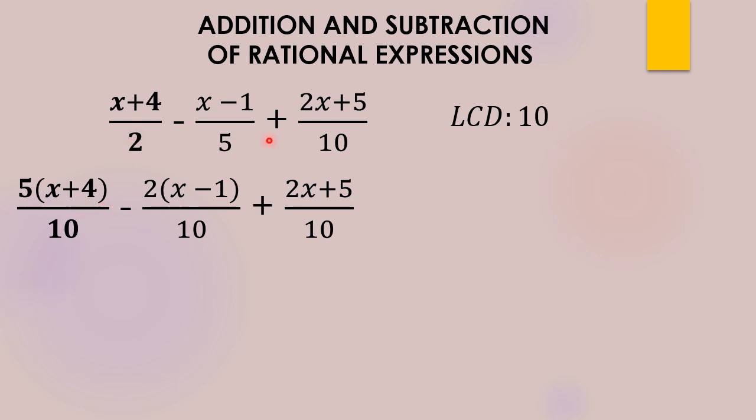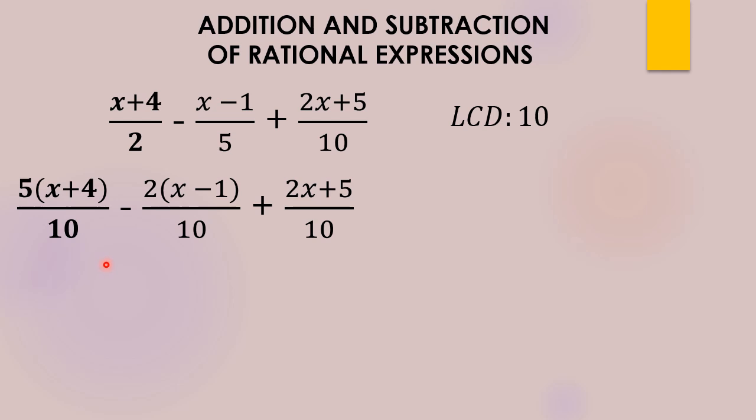And then next, 10 divided by 5 is 2 times quantity x minus 1. And then 10 divided by 10 is 1. So we just leave it as it is, 2x plus 5. So we just copy the numerator, 2x plus 5.